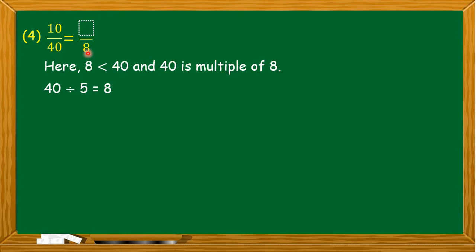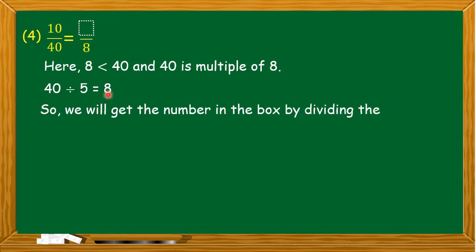Yes, 40 divided by 5 gives 8. So, to find the missing number, we divide the numerator 10 also by 5 and get the answer as 2.